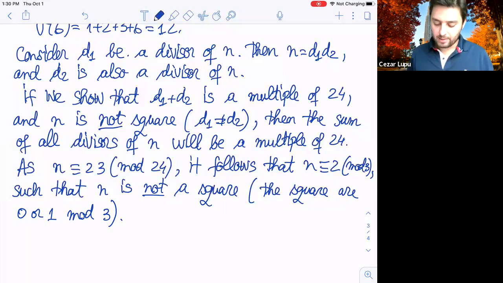So in this case, keep in mind that n is d1 times d2.